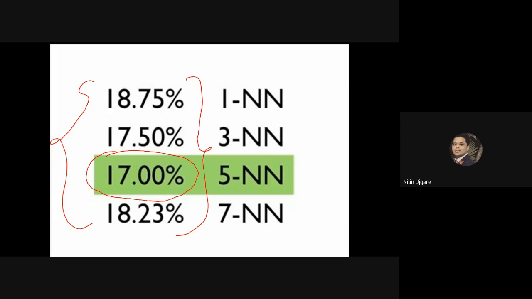Then we can select the model with the minimum cross validation error. In this case it is the 5 nearest neighbor, and this is the best guess for which model will be best for the bomb detector in the real world example.